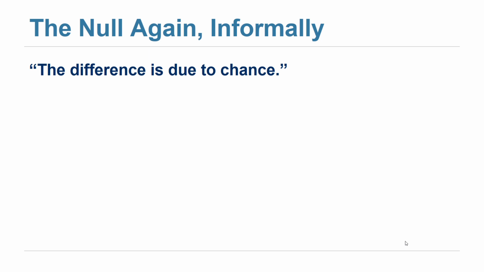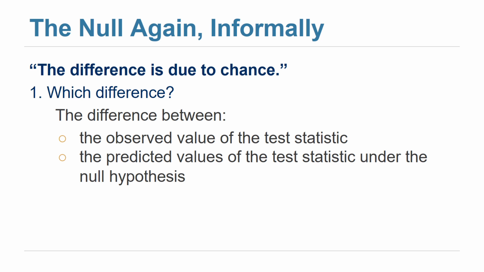So informally, in the null hypothesis, the difference is due to chance. What is the difference? So the statement here says the difference is due to chance. Okay, so there are two main words here, difference and chance. Which difference here? The difference is between the observed value of the test statistic and the predicted values that we see from the simulation, or the distribution of the predicted values.